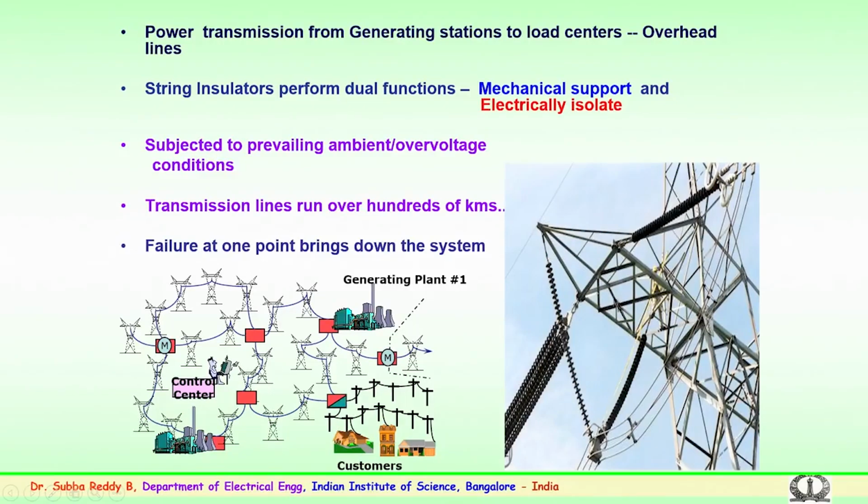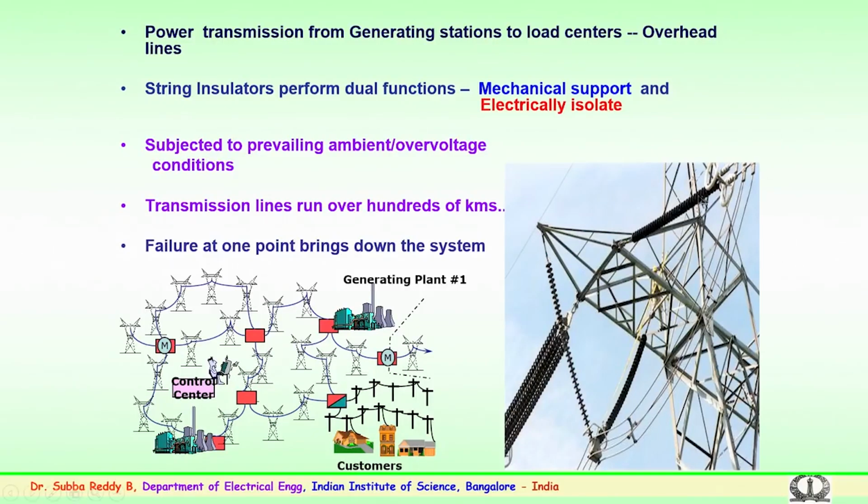So these insulators, as mentioned, are in the outdoor environment. Most of the transmission lines you see are outdoor towers, where these insulators are subjected to various conditions like sometimes overvoltage conditions.